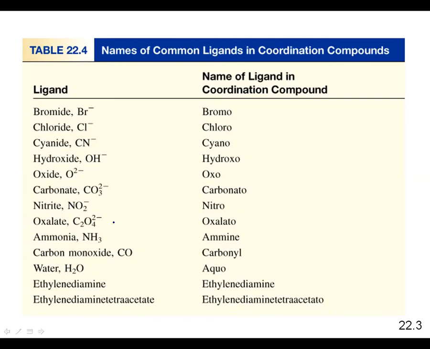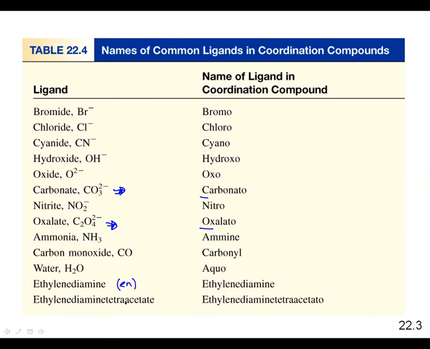I feel like I'm ordering a beverage at Starbucks here. Some of these have different names happening. Here's our ethylenediamine, which honestly, in terms of naming and in formulas, people just roll with the en usually. This is our EDTA here.